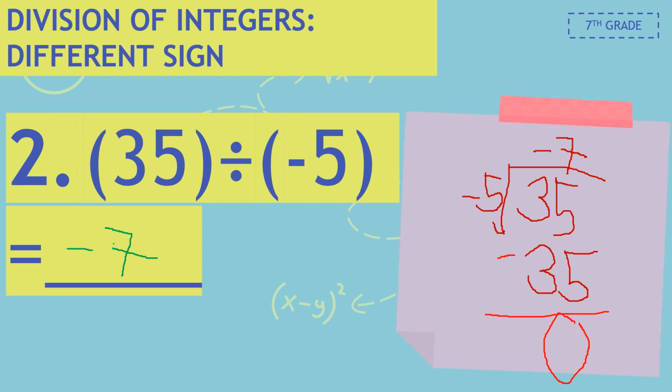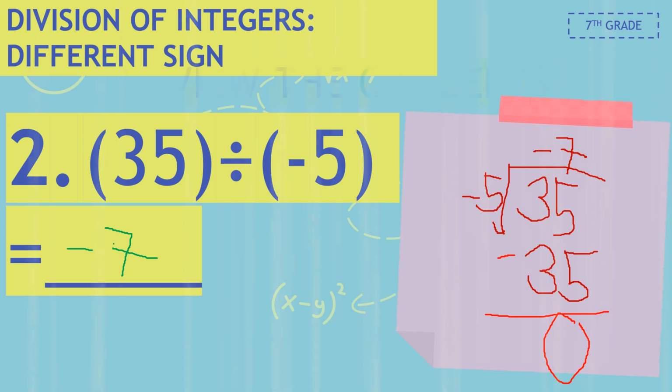Madali lang naman po yung dalawa. Kasi they only have the same rule. Ang rule lang po natin, kapag parehas na sign, the answer will always be positive. Okay? Kapag magkaiba po ng sign yung ating given, the answer will always be negative.